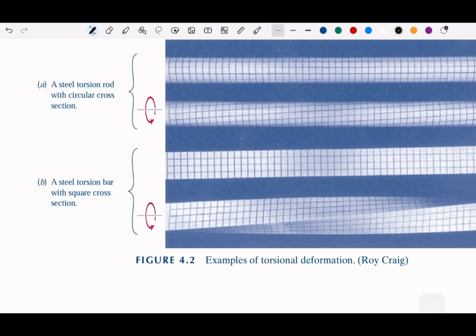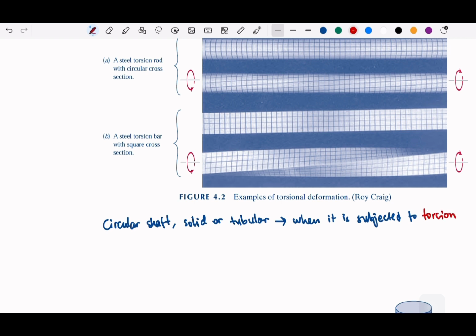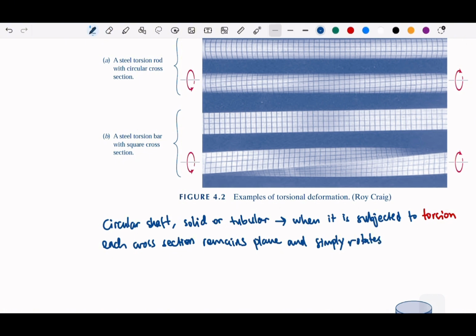And when you compare, one note that we can write here is that a circular shaft, solid or tubular, when subjected to torsion, each cross section remains plane and simply rotates about the axis of the member.